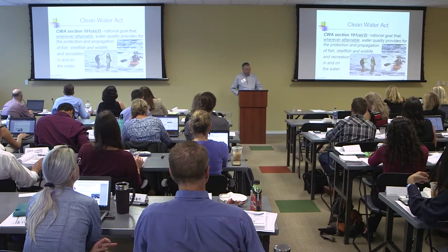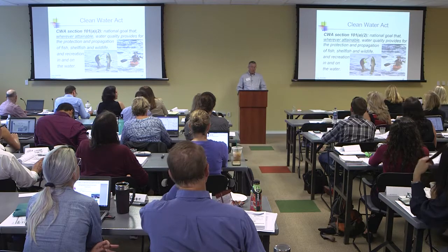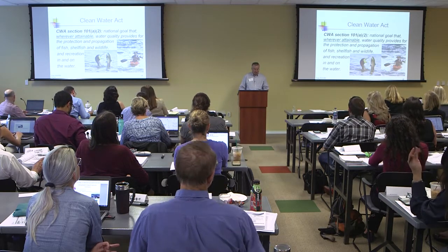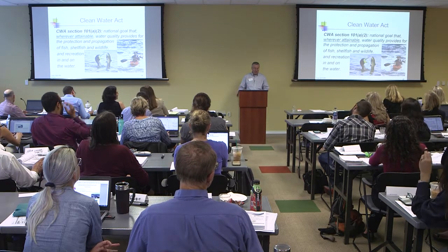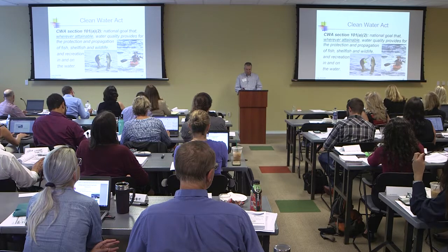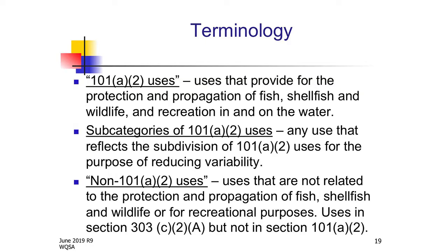It's also worthwhile to mention that it was Congress, not EPA, that put more prescriptive requirements on the 101(a)(2) uses. We'll discuss those differences when we get to the process to revise designated uses. So, terminology: we have 101(a)(2) uses that provide for protection and propagation of fish, shellfish, wildlife, and recreation in and on the water.